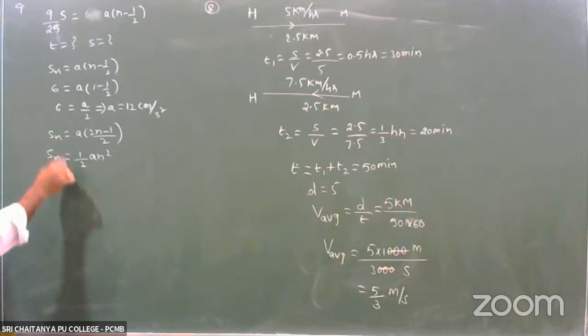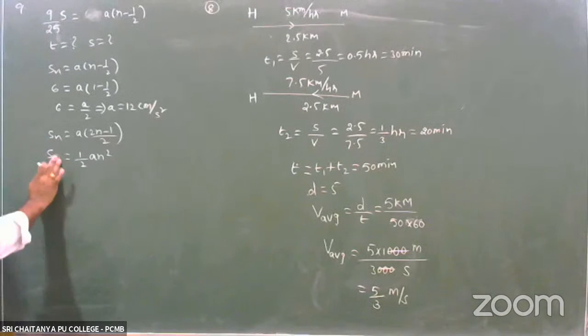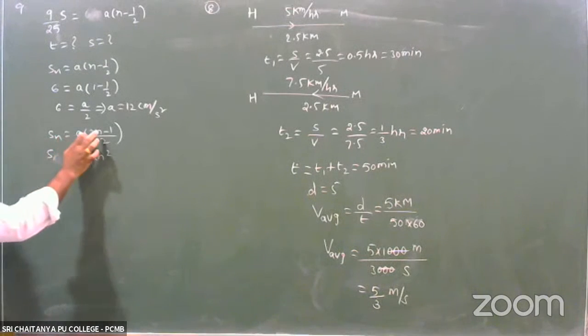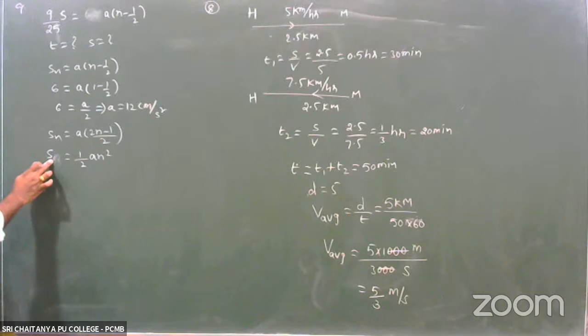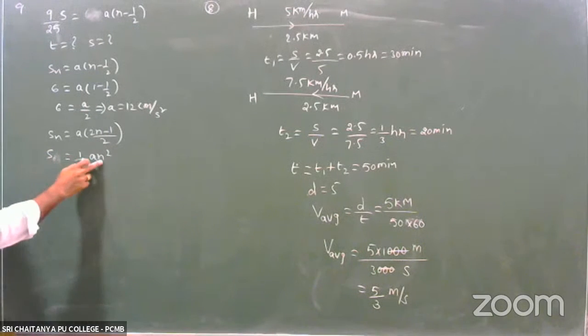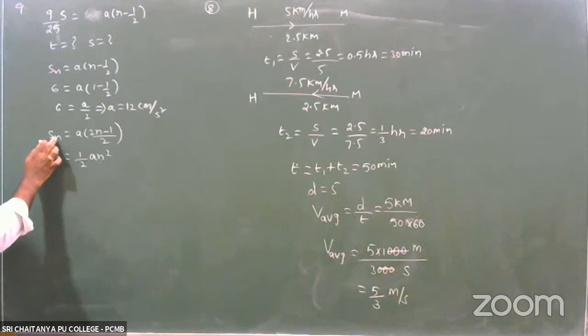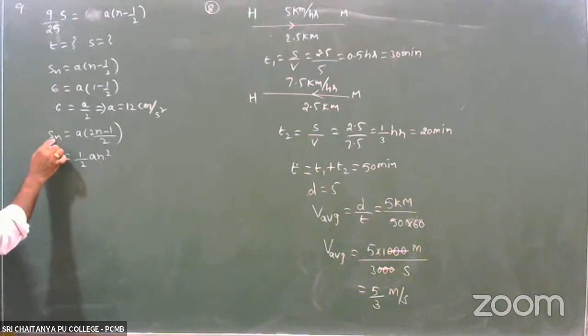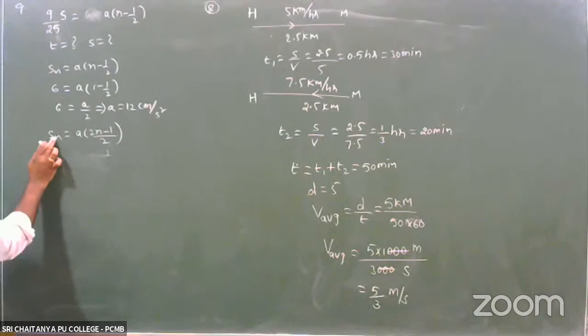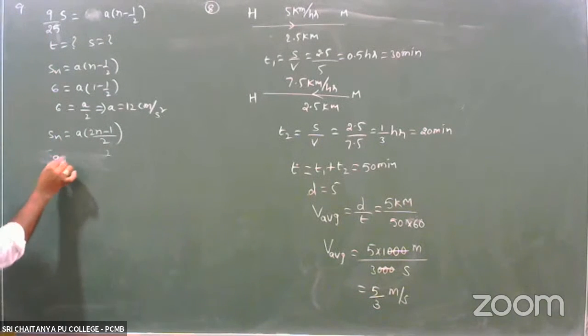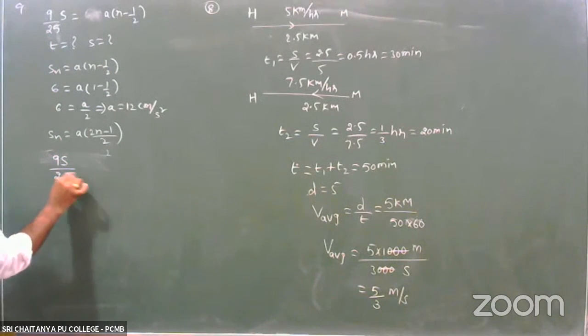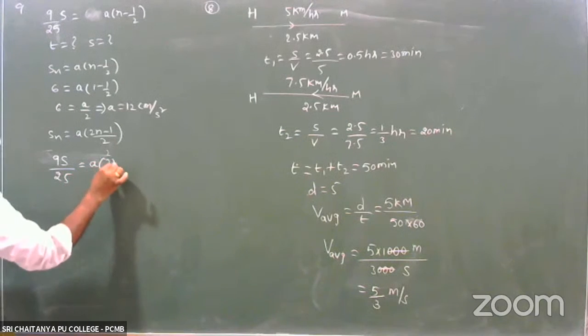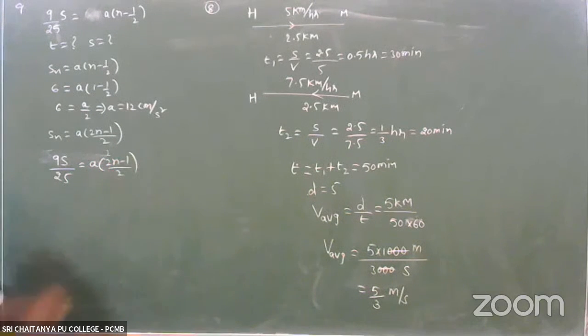Now we have one formula based on this. S_n is the distance traveled in the nth second, and S is the distance traveled in n seconds. S_n is given here: the distance traveled in the last second, 9S divided by 25, is equal to a into (2n minus 1) by 2.